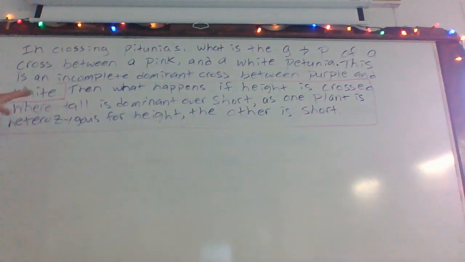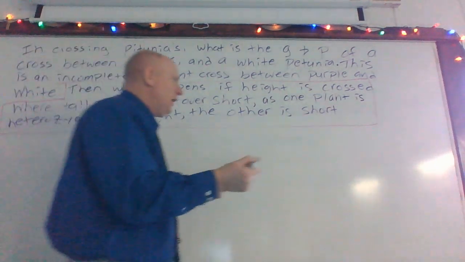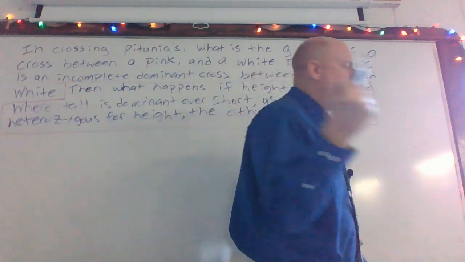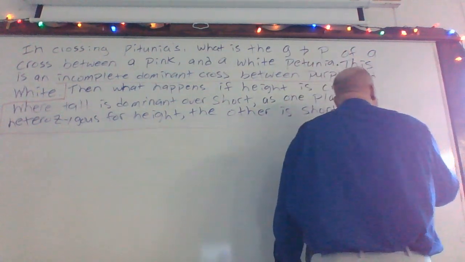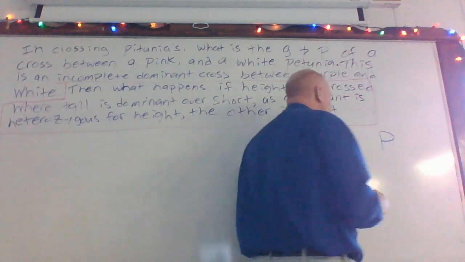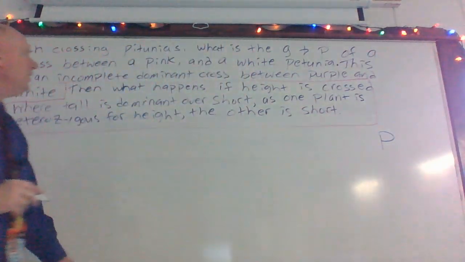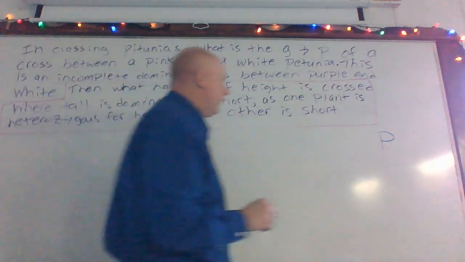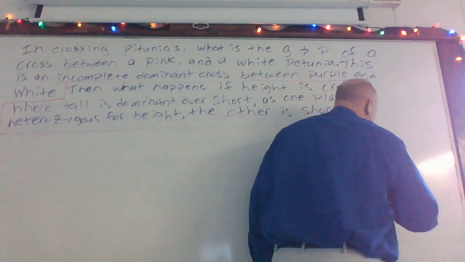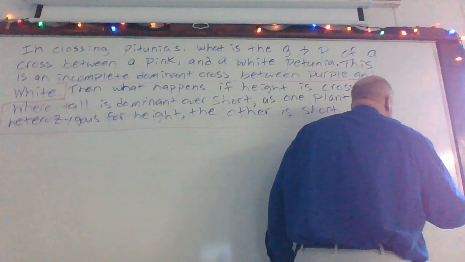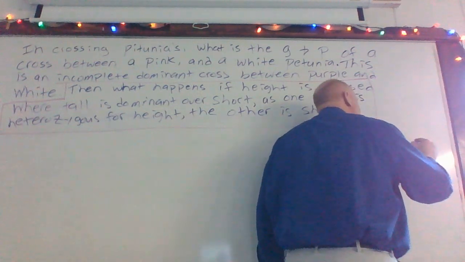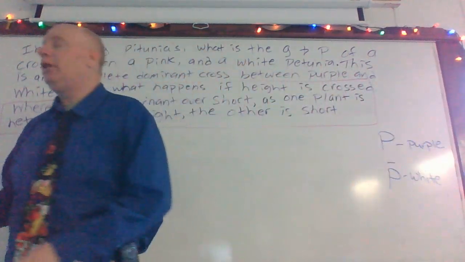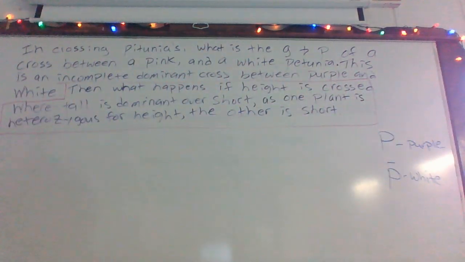The reason we say that is, if this was a completely dominant cross, then what we would do is, let's say capital P is purple in these petunias, and then we'll say lowercase p is white. That's if this was a completely dominant cross, like plant height or pod texture in pea plants.